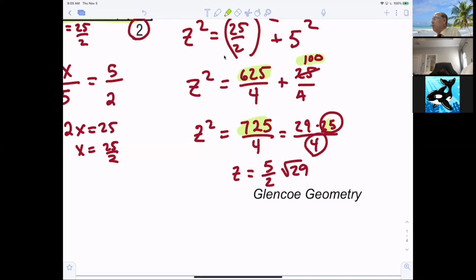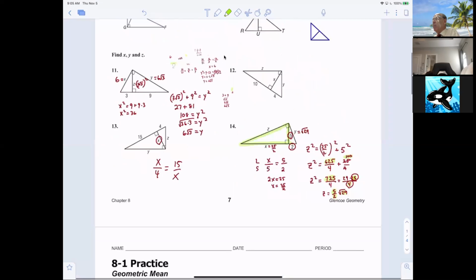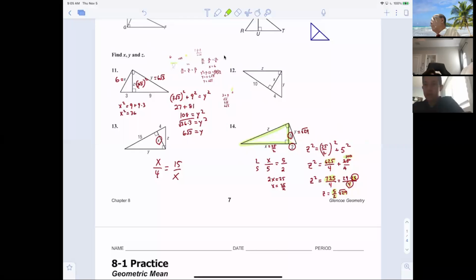What's the square root of 4? And then 29 stays home. Anybody have any questions? Personally I feel like that's annoying, but I think it's super easy.